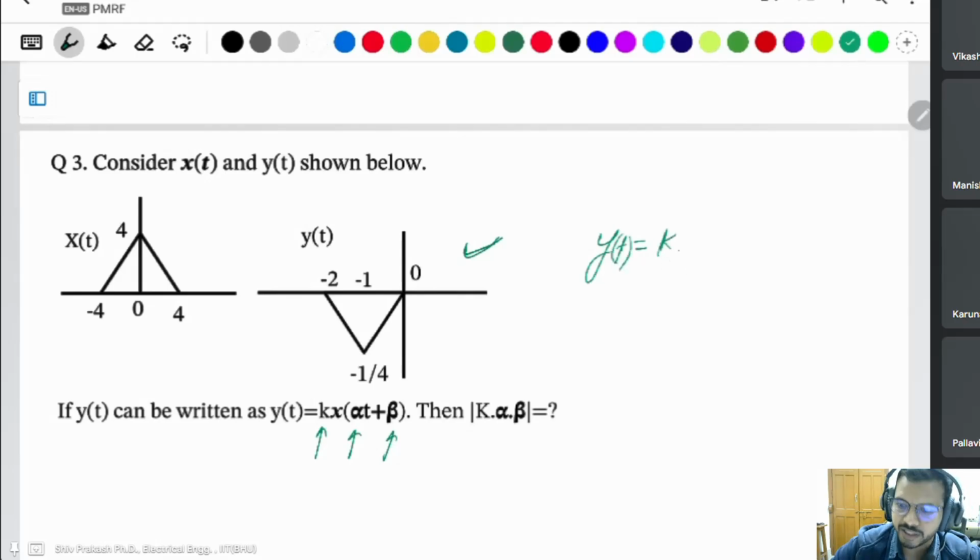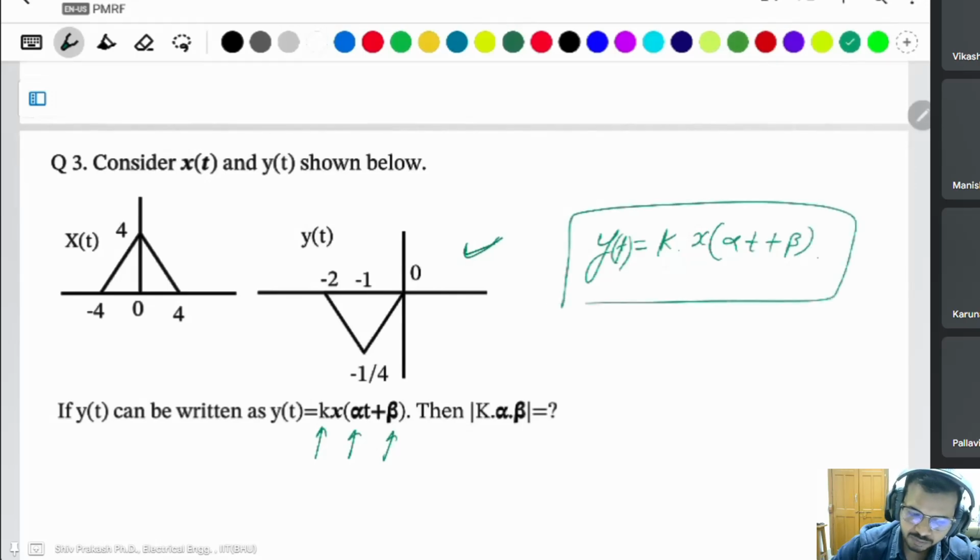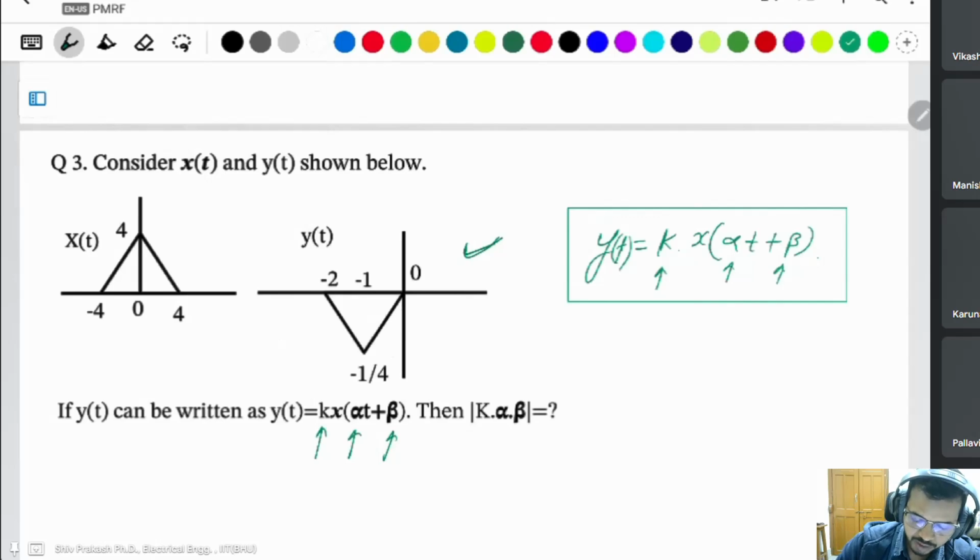Multiplication is simply a y-axis operation, and the operation inside the argument is the x-axis operation. Then what is the value of alpha, beta and k, so you can convert this signal to this signal? It's a simple question: you use all these things and find the value of all of them.